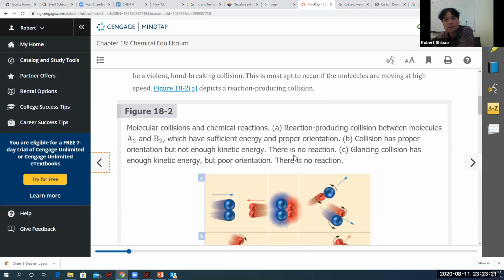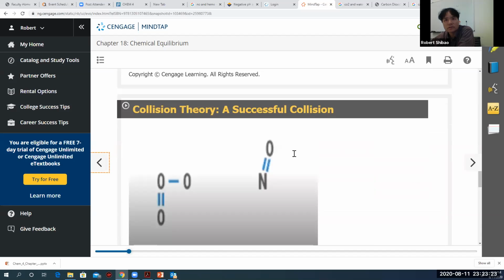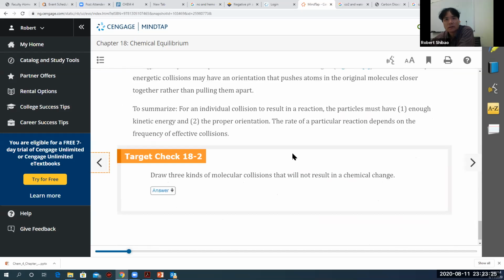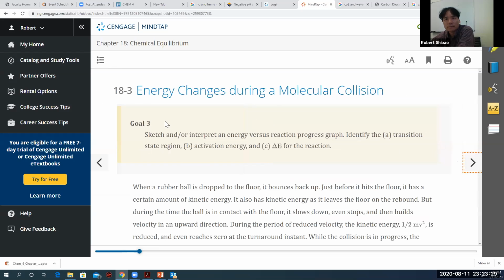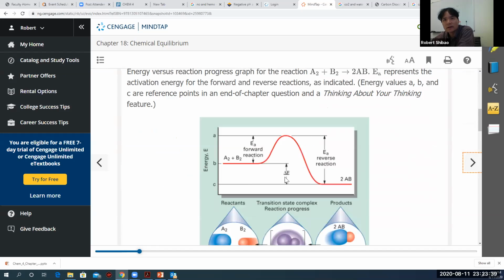And so those videos were just illustrating the importance of orientation and energy. And so we're going to look at energy changes during a collision. So we have to have enough energy. And what we're going to do is track these reactions by this diagram.